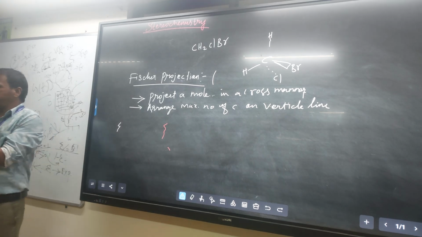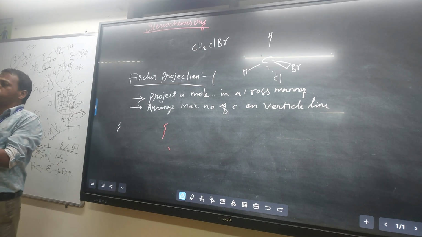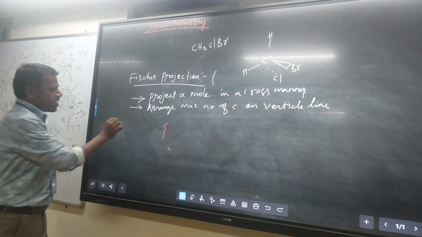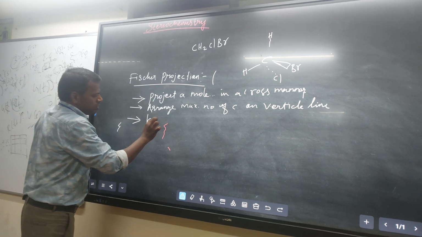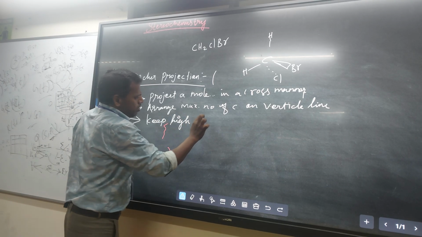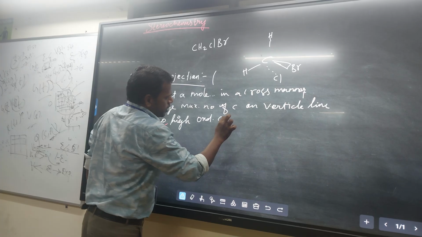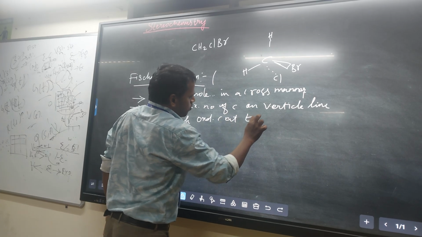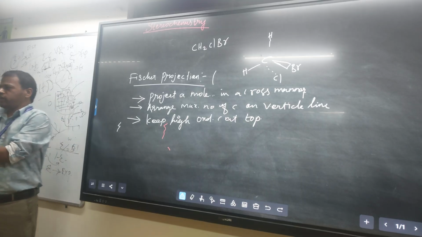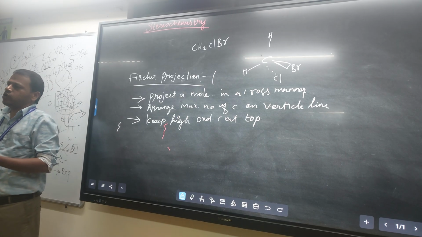On the vertical line, the top carbon is the highly oxidized carbon. I will explain what a highly oxidized carbon is. Keep highly oxidized carbon at top.